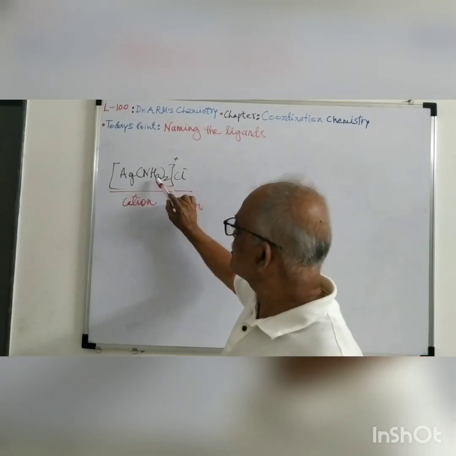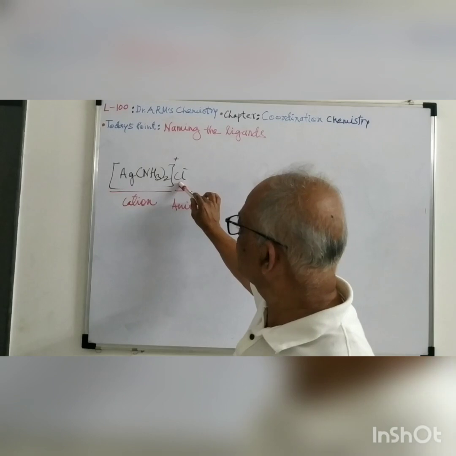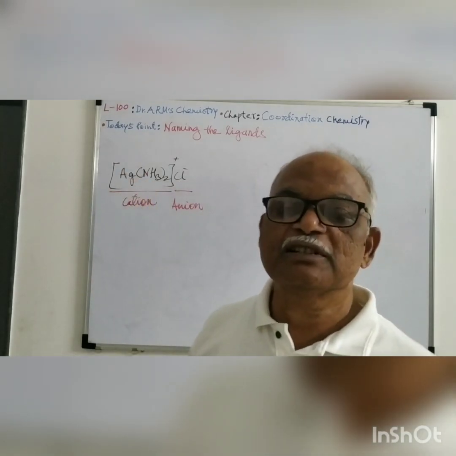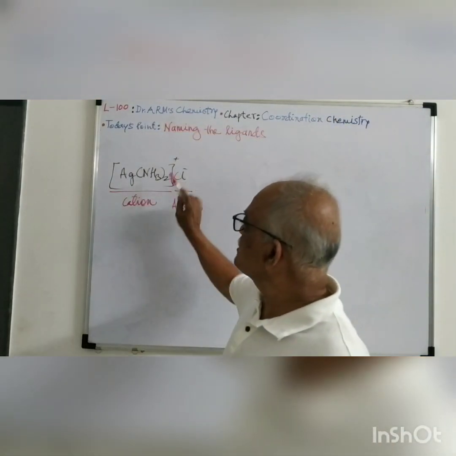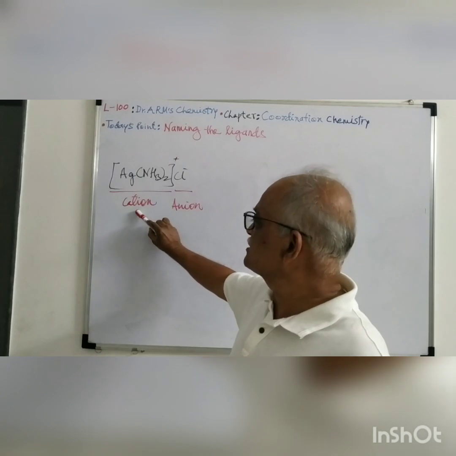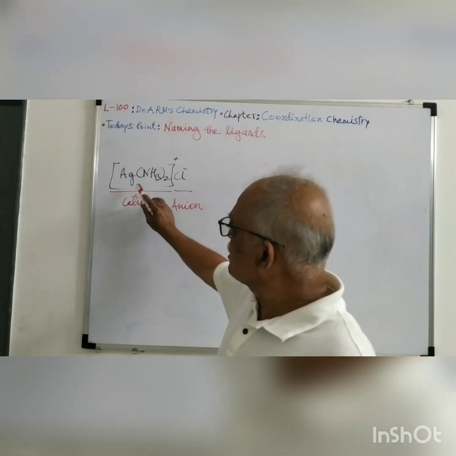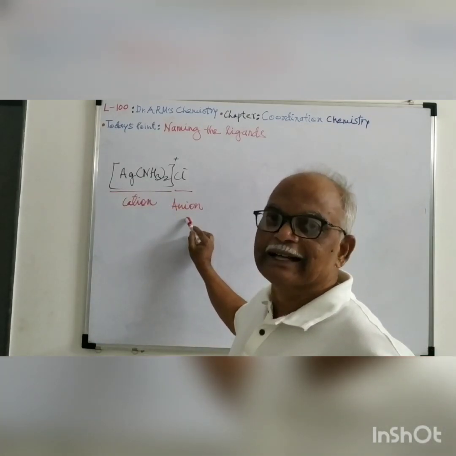The charge on the square bracket, the complex ion, is neutralized by this ion, so the resulting species is electrically neutral. But it is composed of two parts, one is the cation, another is the anion. Here the complex may be a cation or an anion.